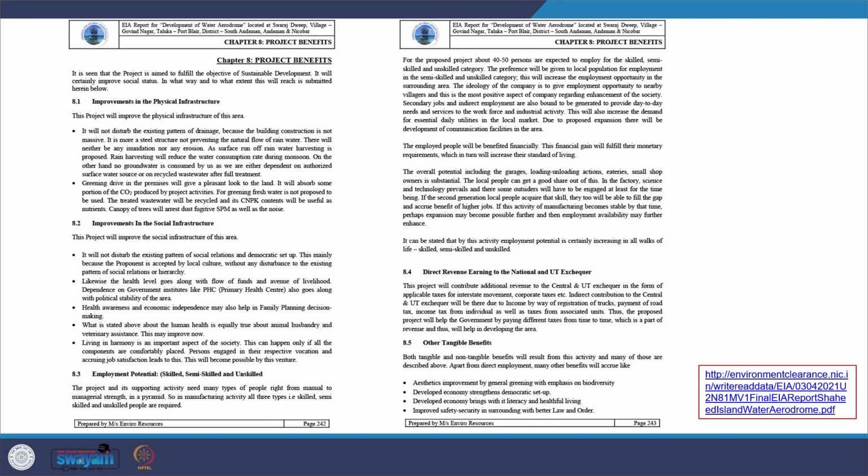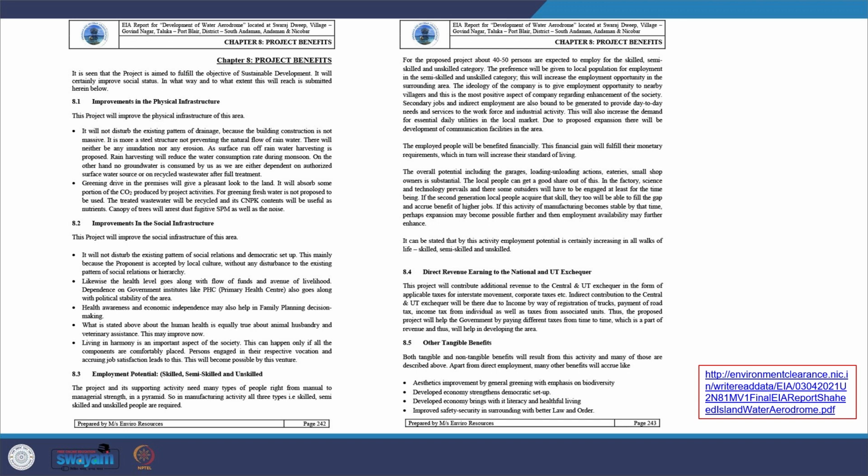It will also depend on what they write on the public health center, primary health center, and how that would also respond. So their assumption is that there will be improvement in the social infrastructure, and they also mention there will be employment potential for skilled, semi-skilled, and unskilled people.